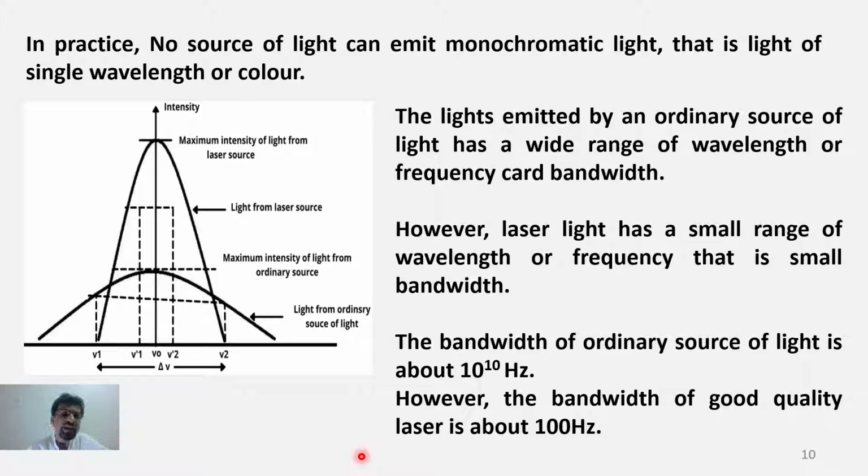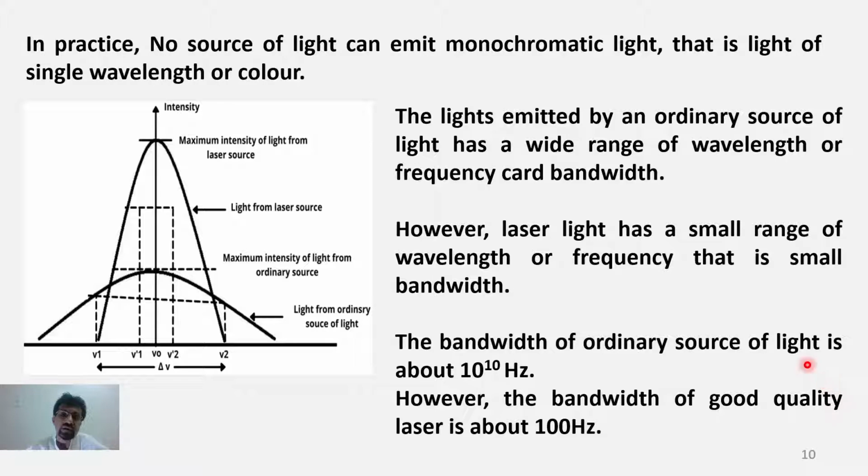we can see that the beam of light consists of small spectral lines having a small difference in the wavelength or frequencies. The light emitted by an ordinary source of light has a wide range of wavelength or frequency, which we call the bandwidth.